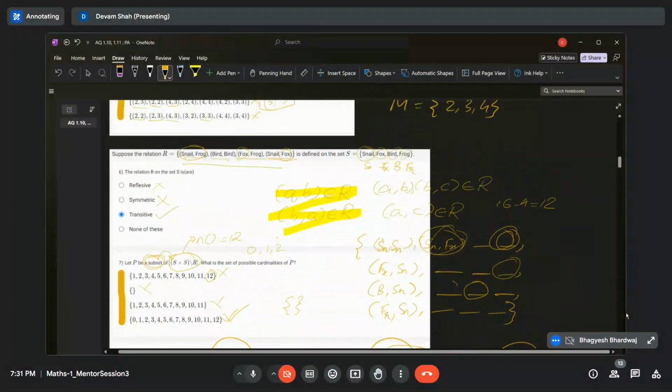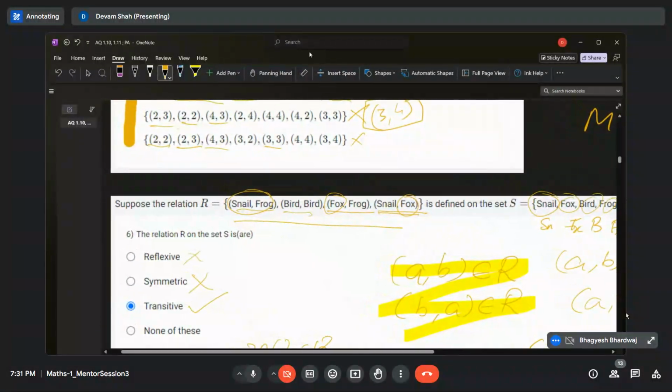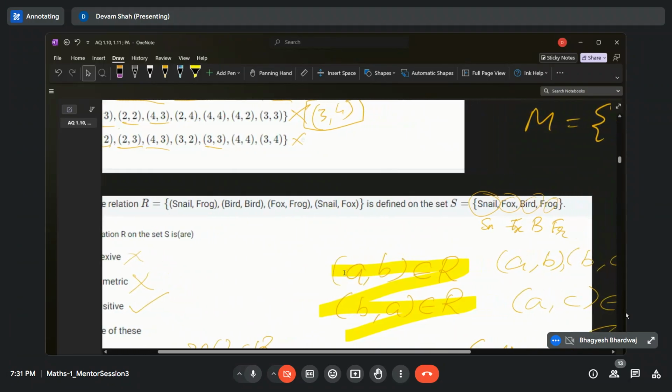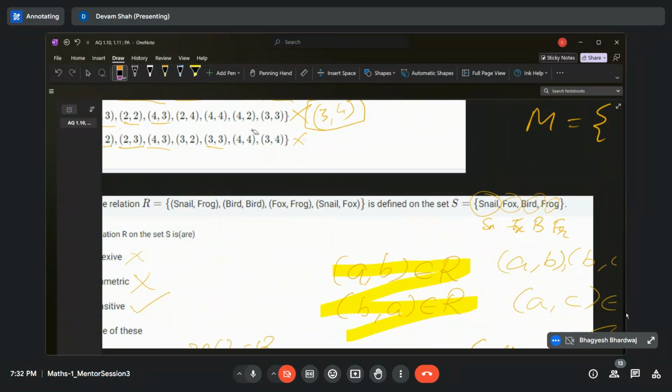Okay, we can. For example, this thing. Here snail, frog is there, right? In this relation, it's on this. So this term is there. And for this to be symmetric, you need to also add frog, comma, snail.